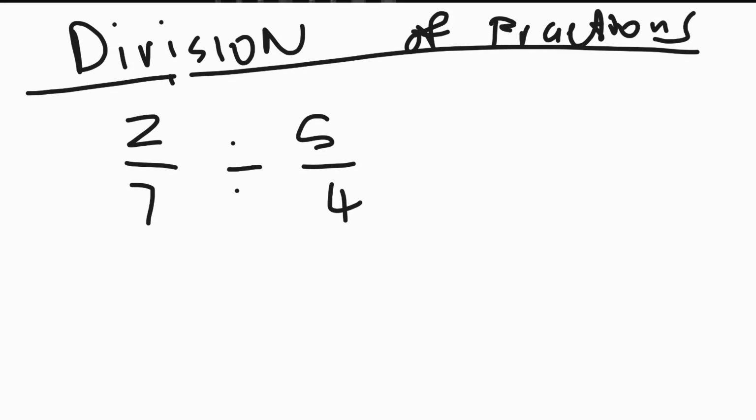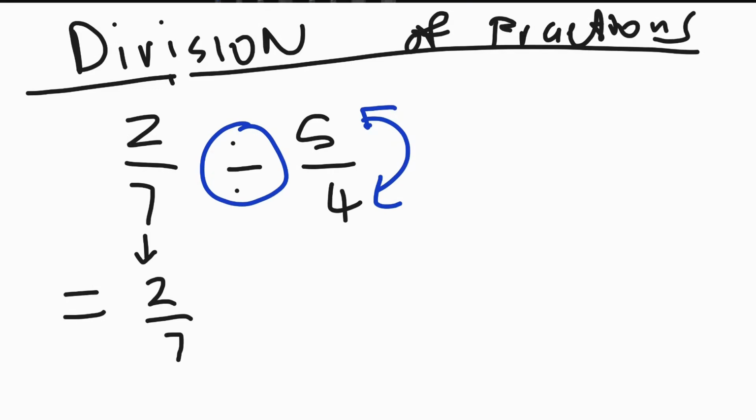We are going to do the same thing again. We are going to keep this fraction the same. Okay, we're not going to work with that just yet. Then we are going to flip these two's position, and because we flip those two's position, the sign changes. So now because 5 goes down and 4 comes up, the division changes to multiplication. 4 goes up and 5 comes down.